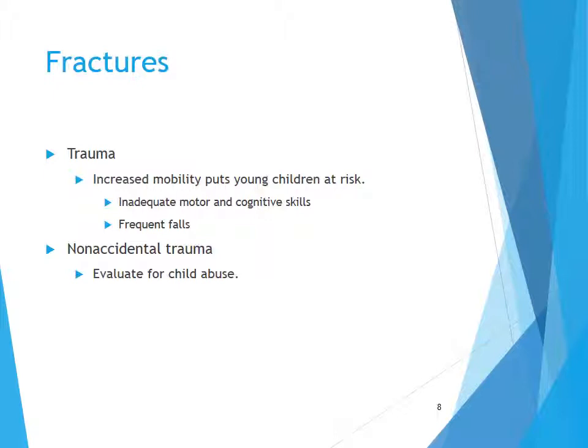Some of the signs and symptoms that you will see are pain, tenderness at the site, immobility or decreased range of motion, deformity, swelling, crepitus, erythema, muscle spasm, and inability to bear weight. The treatment for fractures is one of two ways, and we'll get into that.